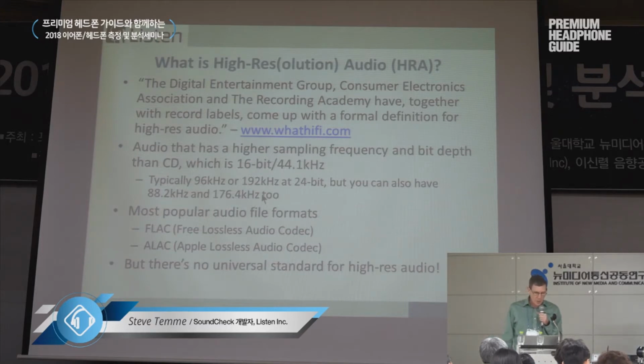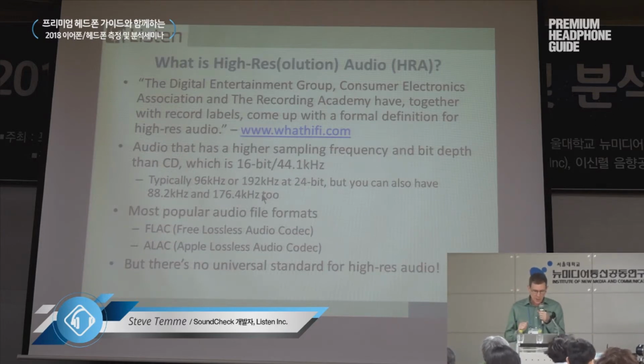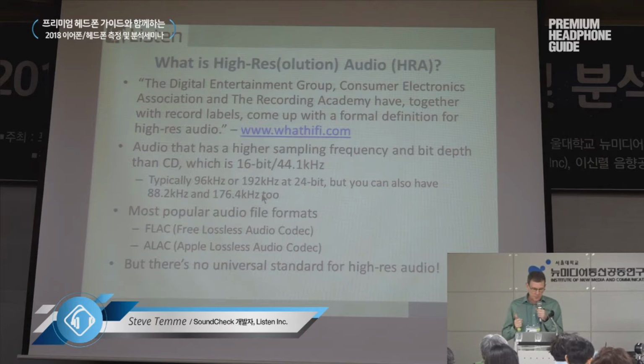The most popular audiophile formats that support high res are FLAC, Free Lossless Audio Codec, and ALAC, Apple Lossless Audio Codec. The problem is there is no universal standard for high-res audio. There is no specification that says plus or minus so many dB out to 40 kilohertz, or even what the dynamic range signal-to-noise ratio has to be. So it's a very loose standard. And I think that's a bit of a disservice, and I think they really need to come up with a better definition.